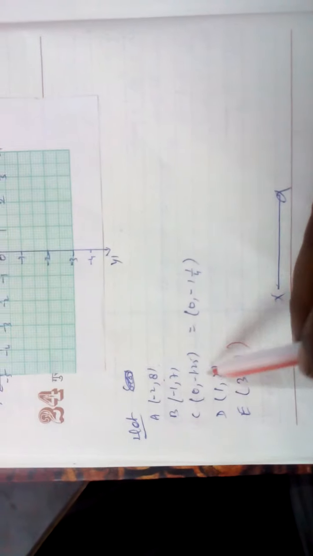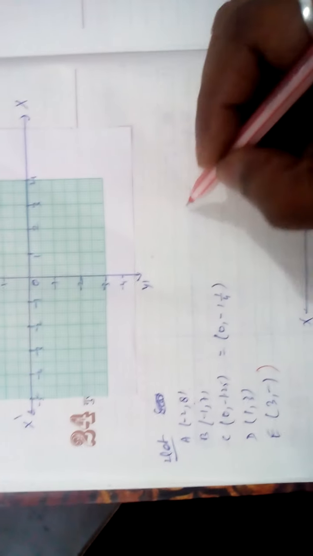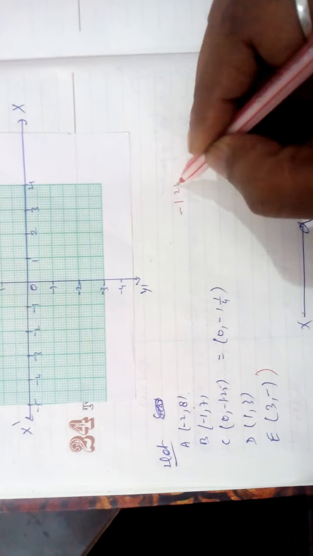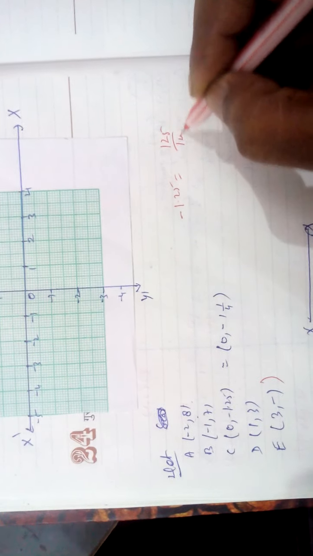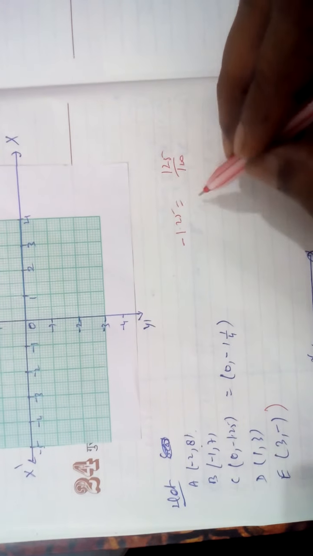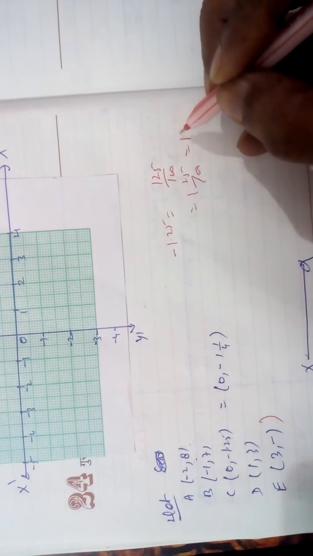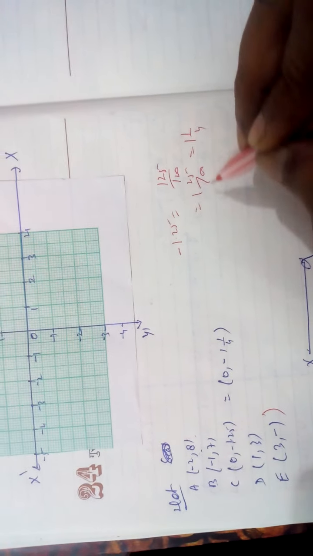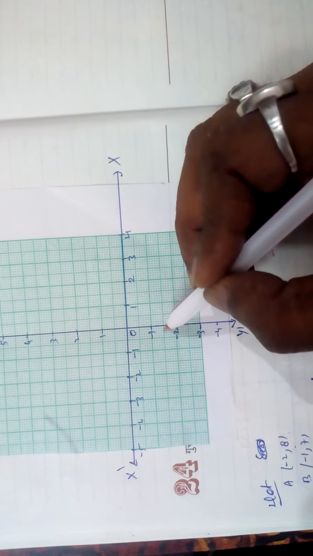C is given 0, minus 1.25. 1.25 is very difficult. Convert 25 by 100. Minus 1.25 you can write 125 upon 100. Or you can write 1 whole 25 by 100. That gives you 1 whole 1 by 4. Means 4 parts you divide 1 centimeter. More than 1 whole, 1 by 4. So 1 whole 1 by 4 means it is 2 total halves.